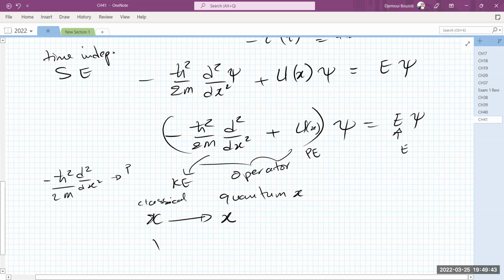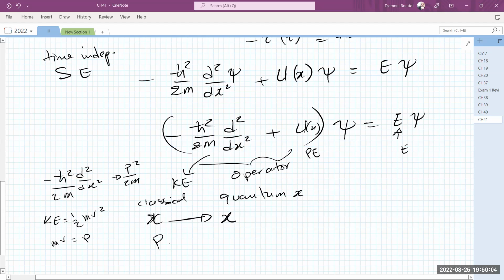This should correspond to p squared over 2m. Remember that the kinetic energy term is equal to 1/2 mv squared in classical mechanics, of course, where mv is the momentum p. So if I square this quantity and plug it into the expression, I'll get p squared over 2m.